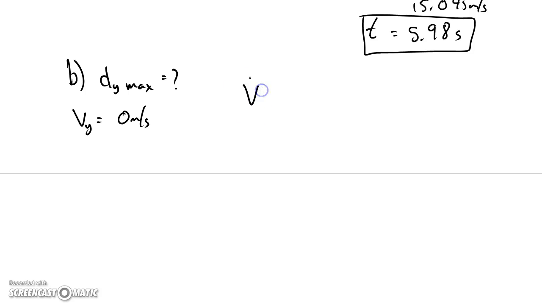Your go-to whenever you don't have time, because we don't know how long it takes to get to that middle point. We only know how long it takes to get to the ground, which is not symmetrical, so we don't know that the time up equals the time down. So we have to not use time.